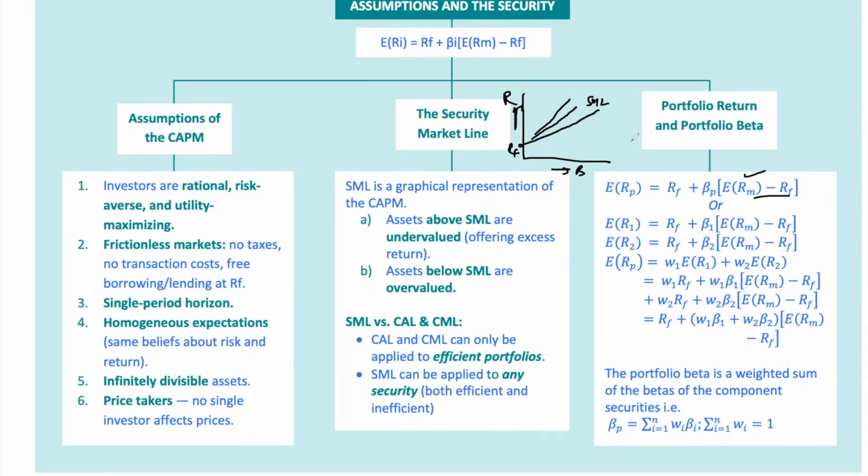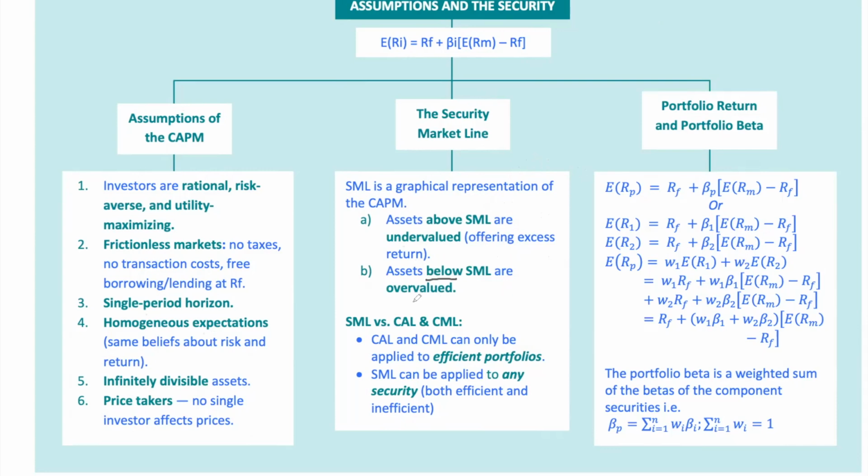Simple idea, right? But this is one of those visuals the CFA Institute loves, because every point on that line represents a fairly priced security. The market says, if you take on this much risk, you should earn this much return. Now, here's where it gets fun. If a stock sits above the line, that means it's undervalued. It's giving you more return for the same risk. That's a hidden gem, the kind of stock analysts drool over.